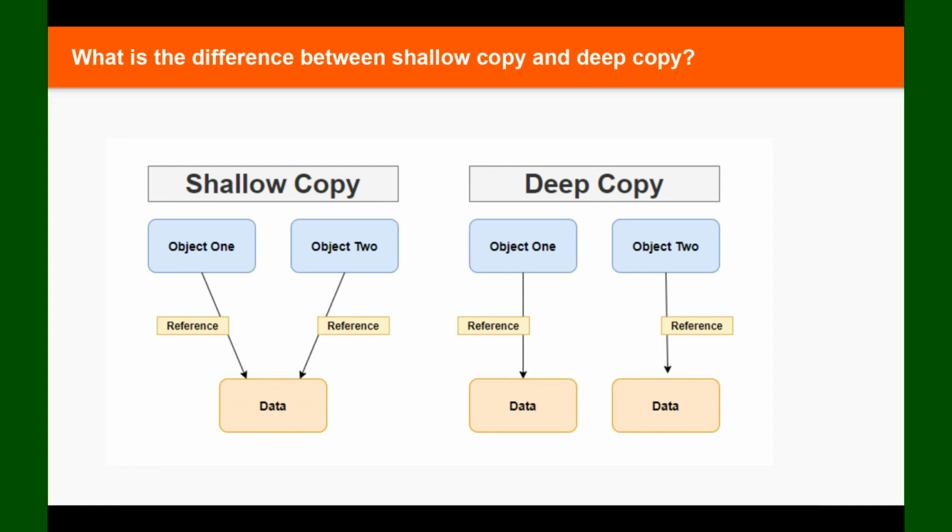A shallow copy is partially independent. When nested objects should be shared, we use a shallow copy. A deep copy also copies the outer object, but it copies the nested objects too, and it is fully independent. When full isolation is needed, we use a deep copy.